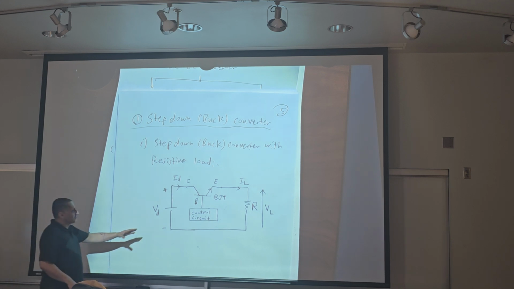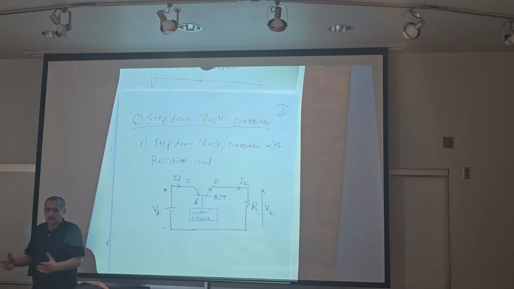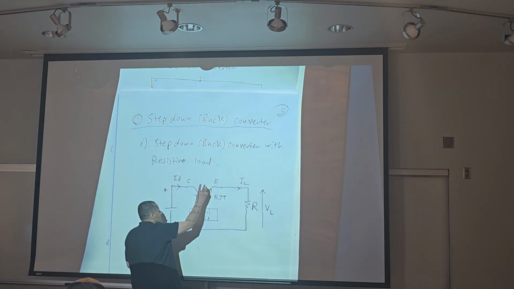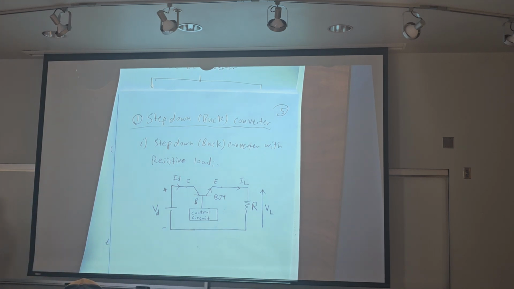This circuit uses a BJT, and you can replace it with thyristors or any controlled switching device.